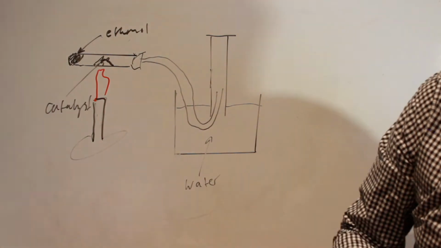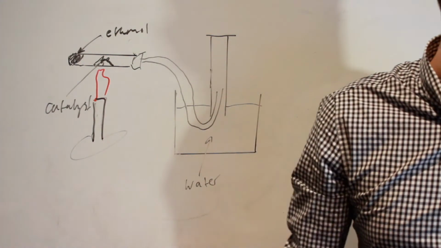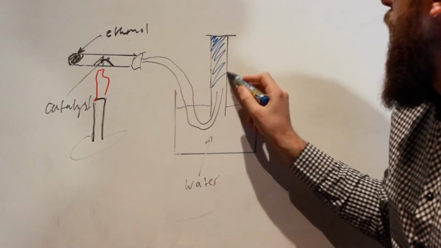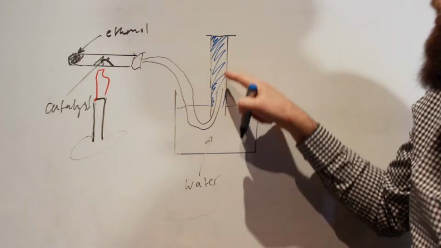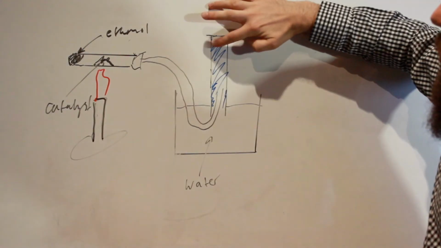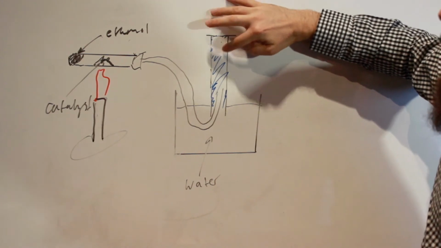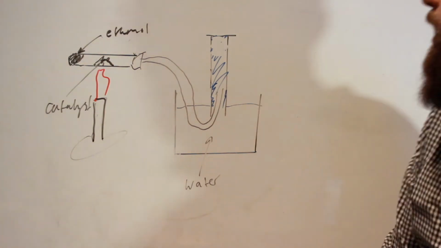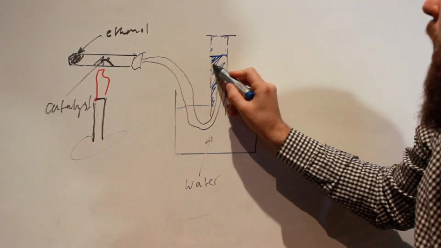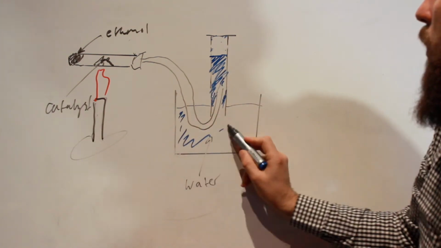Then the gas is going to pass through the delivery tube, and if we had this all submerged in water, as the gas gets released, it's going to displace the water, and we will see the water level start to go down as the gas pushes the water out of the measuring cylinder into the beaker. And then when the reaction is complete, we will have our final volume that we can read off.